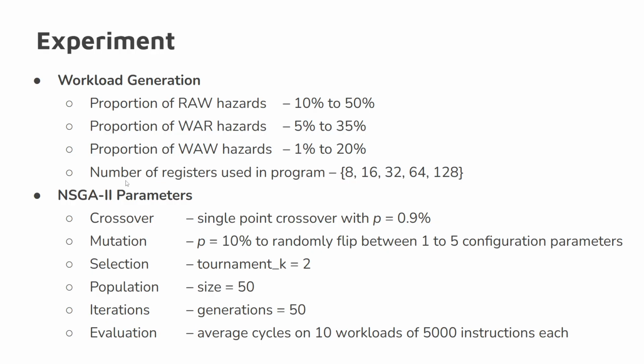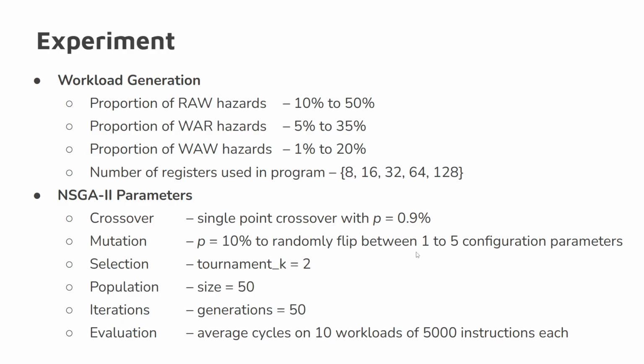And the parameters chosen for NSGA2: for crossover, I chose single point crossover with a 90, or that should be 90%. I'll change that. And mutation has a 10% chance to randomly flip the configuration parameters, of which there are 5.